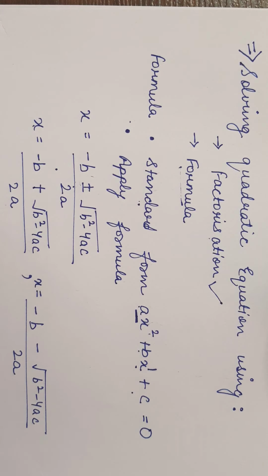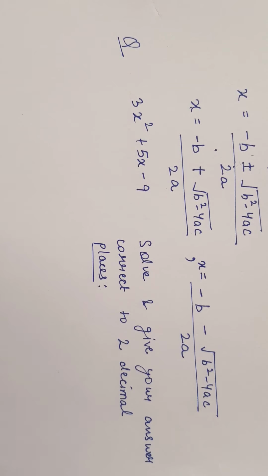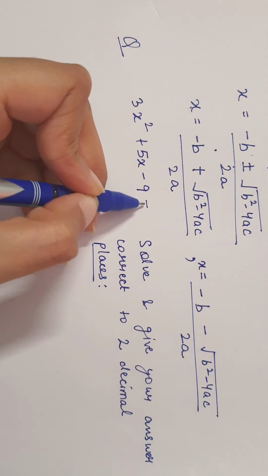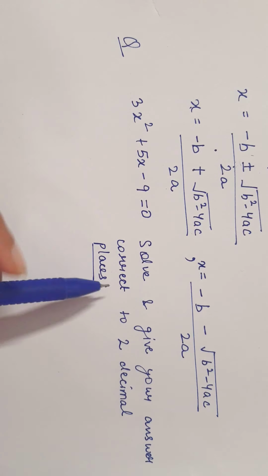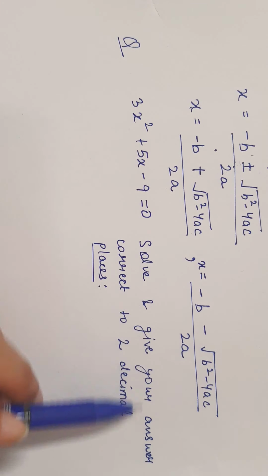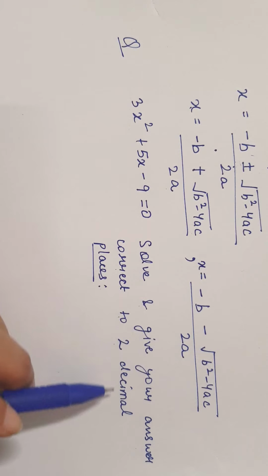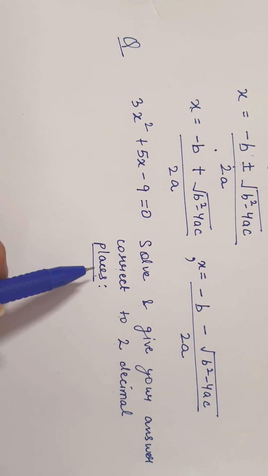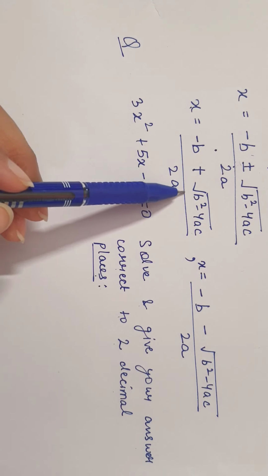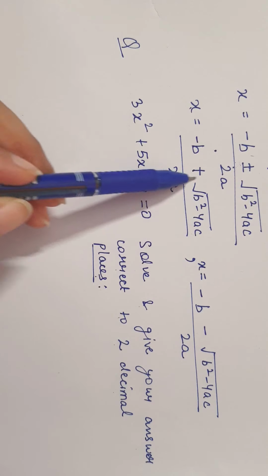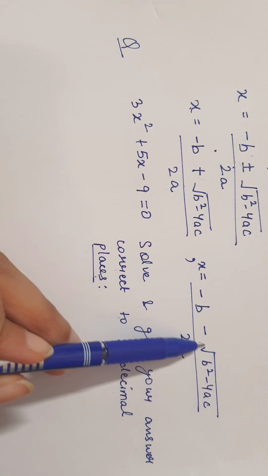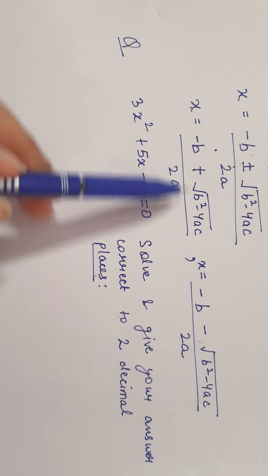So let's complete that question. The same question we are solving now. This is equal to 0, and the question is: solve and give your answer correct to two decimal places. Now if you have observed the given formulas, you can see b square minus 4ac.